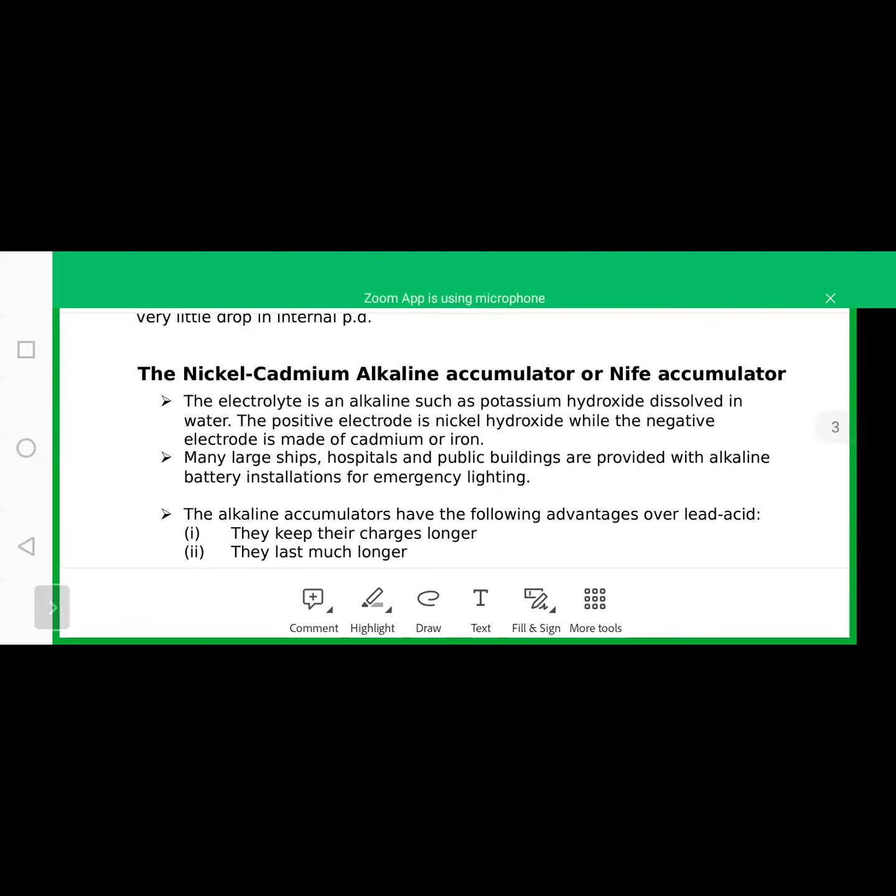The knife accumulator, the nickel cadmium alkaline accumulator, and the lead acid accumulator. Which has an advantage over the other?